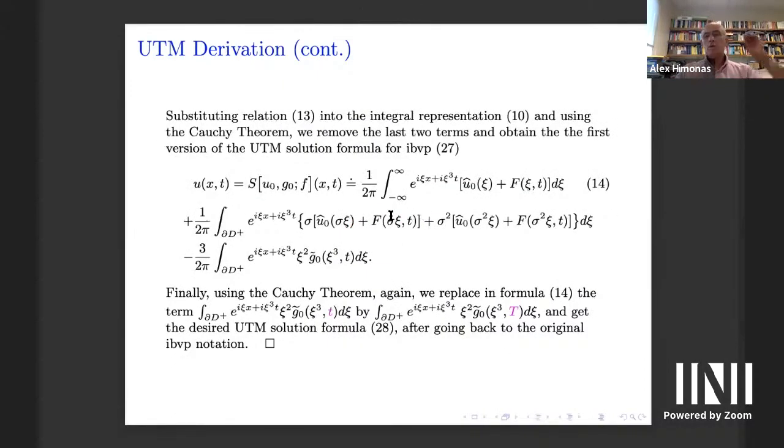And this is almost the unified transform method, except this time T here. And again, using analyticity, we replace T with a capital T. Capital T is the interval where we know the boundary data.